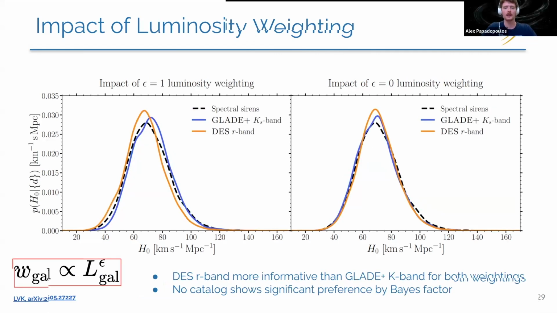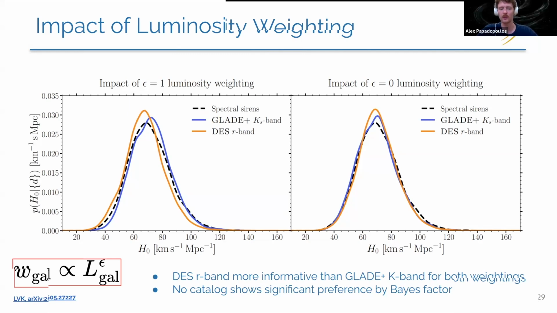Thanks. So another thing that we look into when we consider our systematics is different ways of using our galaxy catalog information. So in the bottom left corner, you can see we have this expression. W_gal is the weights that we provide each galaxy, and we weight each galaxy proportionally to the luminosity to the power of epsilon, and we have 2 different epsilons.